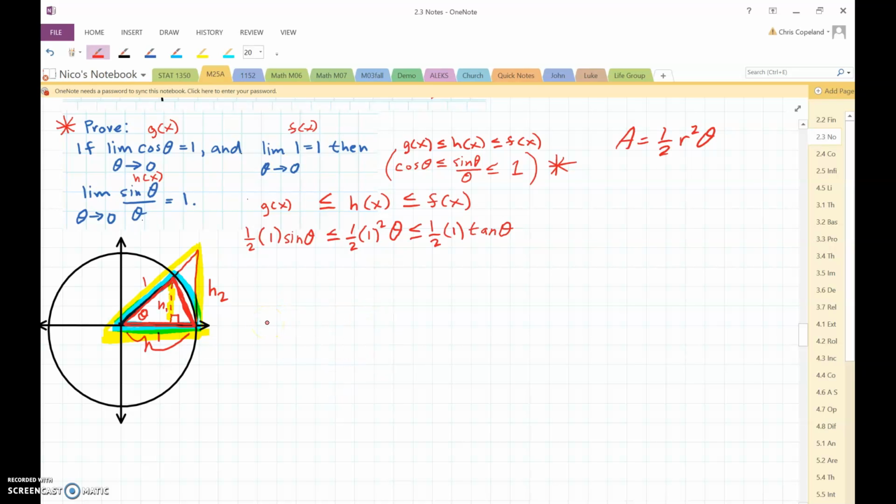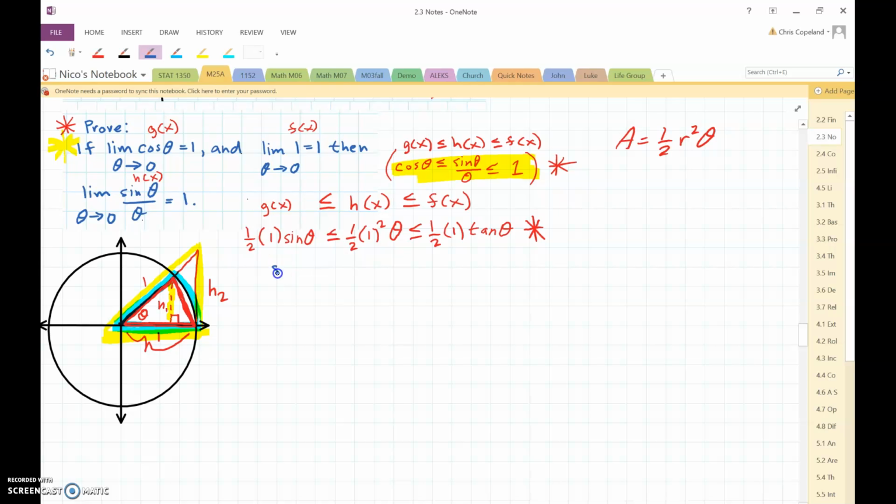Okay? Alright, so now let's see if we can manipulate this to get it to look like this. Because if we can get it to look like this, then we can use our proof. So let's simplify this a little bit.